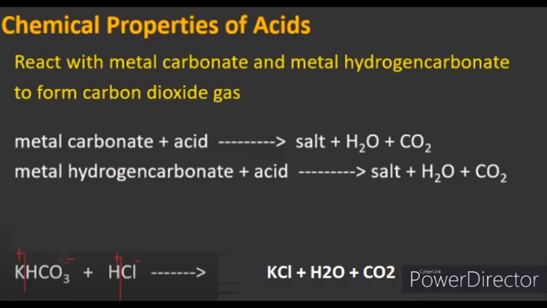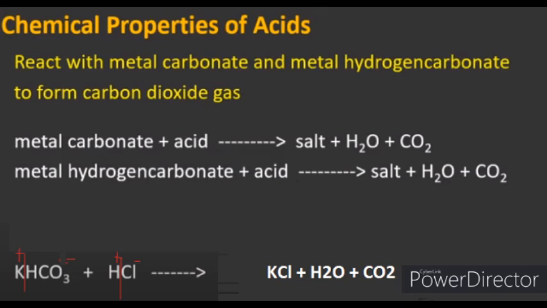Now moving on to our next example in which potassium hydrogen carbonate reacts with hydrochloric acid. So first potassium hydrogen carbonate dissociates into ions, potassium and hydrogen carbonate ion, and HCl is divided into again two ions, H positive and Cl negative.